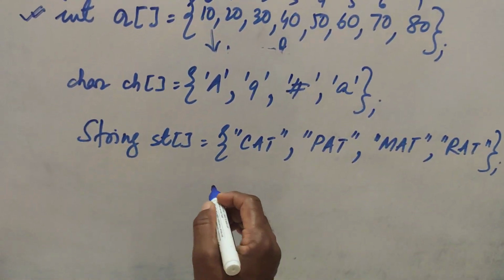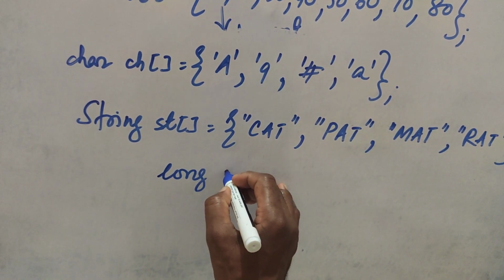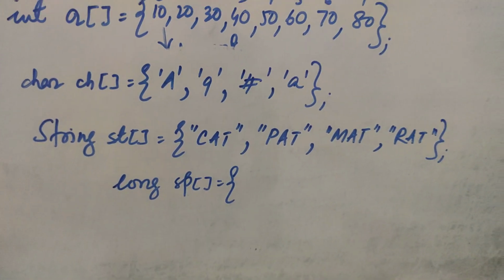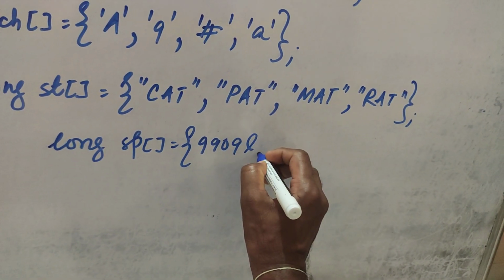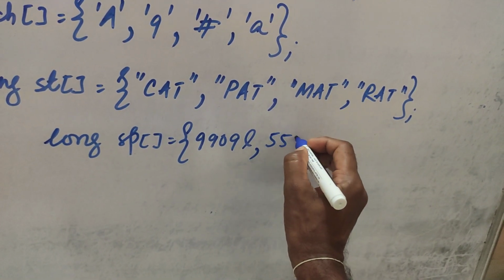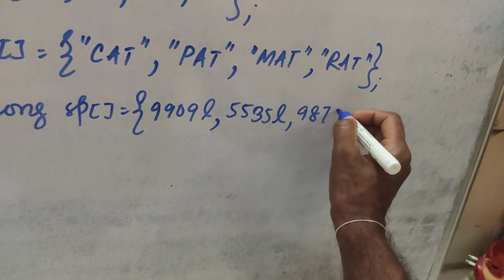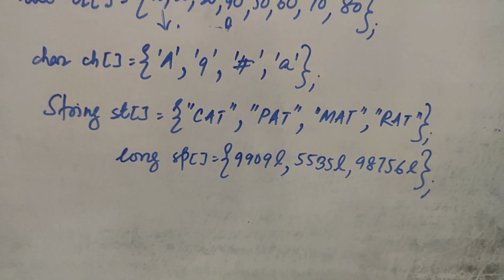If I want to declare a long variable, suppose long string, then you have 9909L, 5535L, 98756L, which means we need to place L.